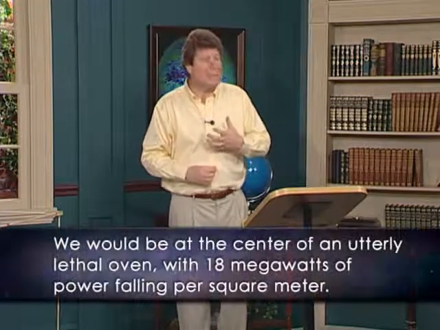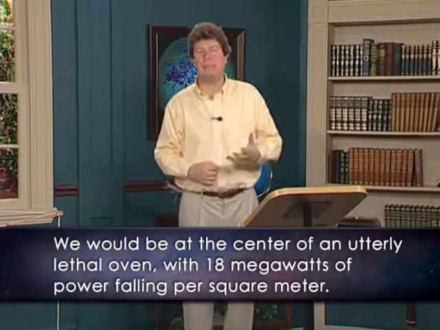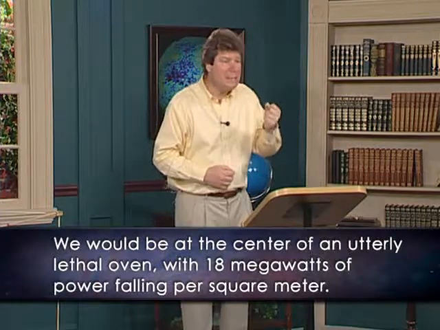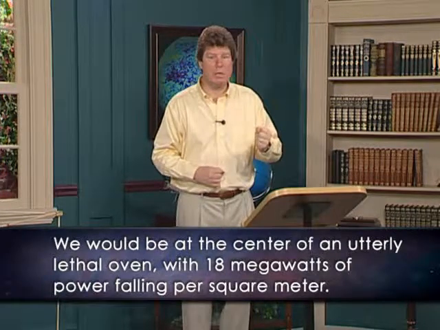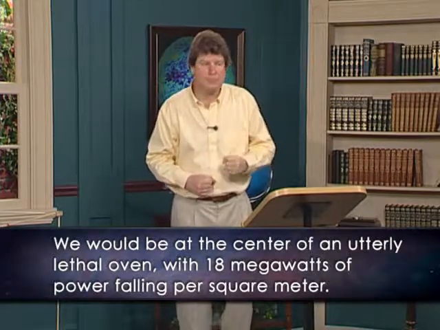Naively, then, we should see a sky covered by 3,000-degree suns. We will be at the center of an utterly lethal oven with 18 megawatts of power falling per square meter. Now, what saves us is cosmic expansion, which transforms this brilliance into an imperceptibly feeble microwave background.